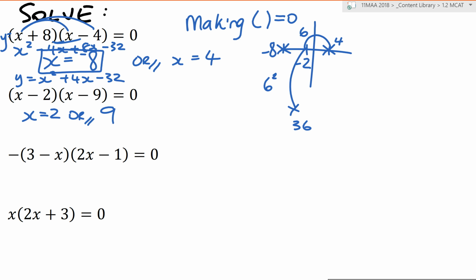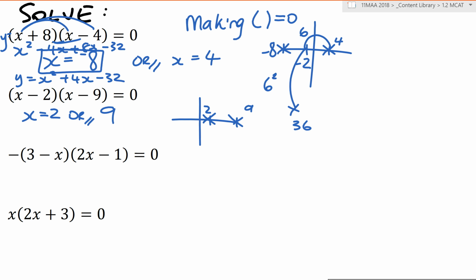What have I found? My two x-intercepts here at 2 and at 9. Okay. What have I also found? The vertex, because the vertex is going to be halfway between 2 and 9. What is halfway between 2 and 9? How'd you get 5.5?